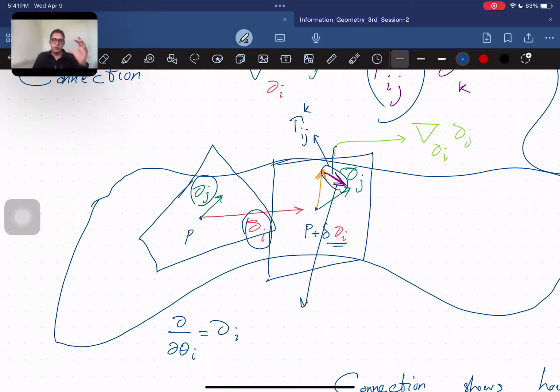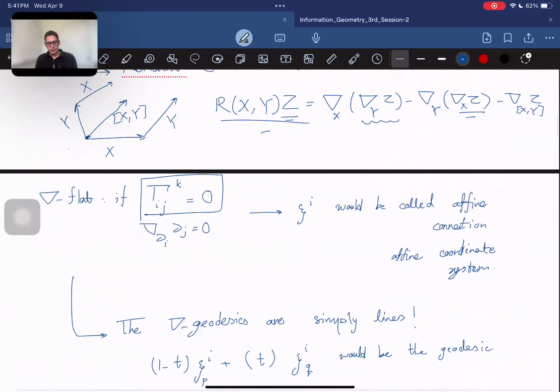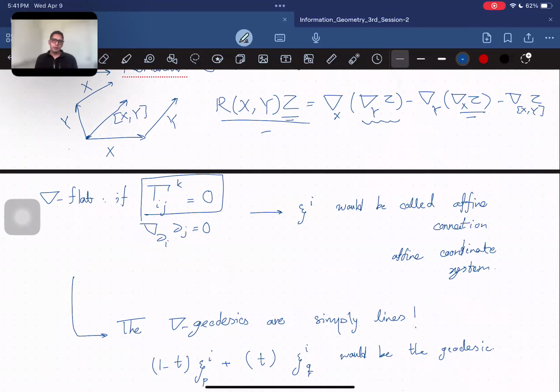So practically we move the partial J parallel with no adjustments. You don't need any adjustment. That's where we have a flat connection. When we have a flat connection, it is dependent on the coordinate system, because if you take the derivative with respect to another coordinate system, then these numbers might not be zero.